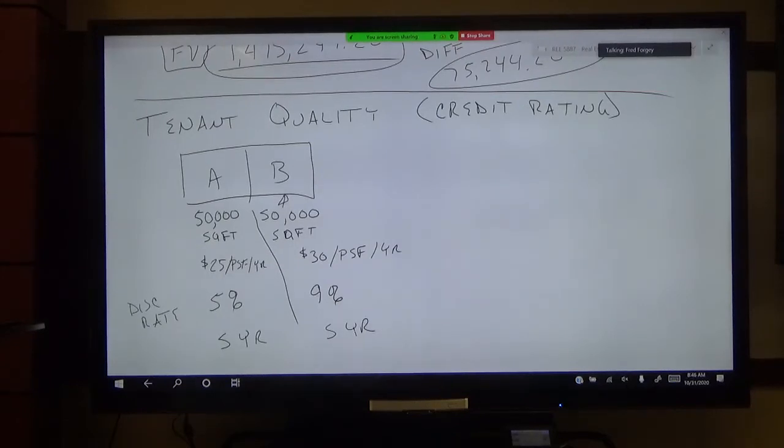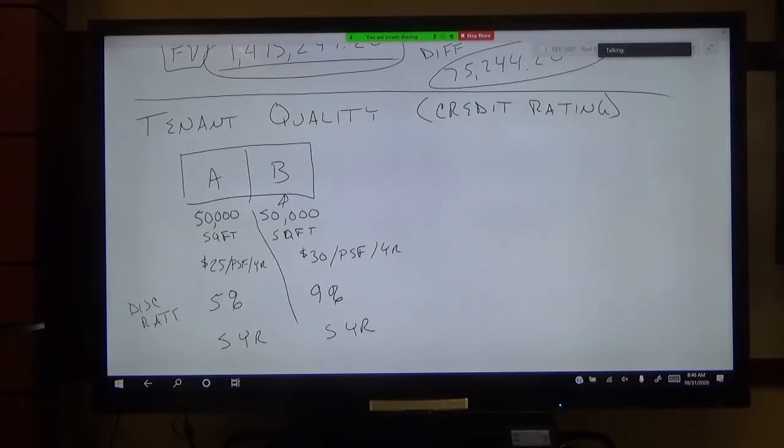So in our case, the lender is potentially saying you need to have 100% pre-leased because you only got two spaces, two 50,000 square foot spaces. So before I agree to take out the construction lender, you must have this property pre-leased. And in essence, I as the lender must pre-approve those leases.